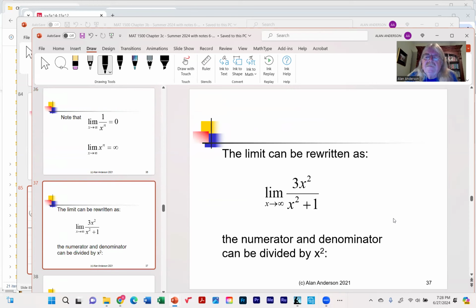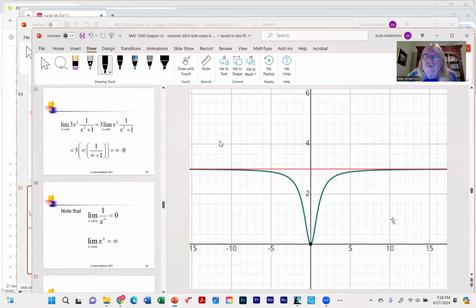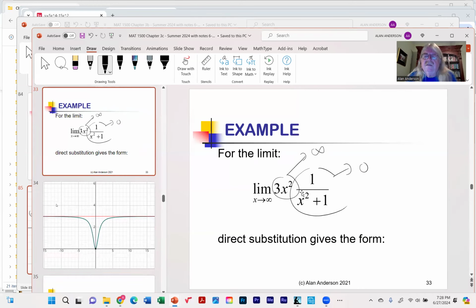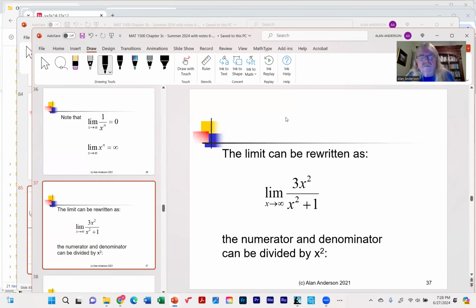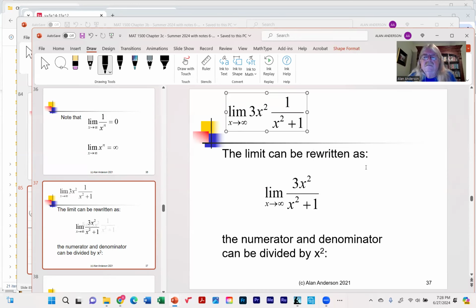And so now, originally we had this. What we did was very simply move the 3x squared to the numerator. Now, what you can do now is this.